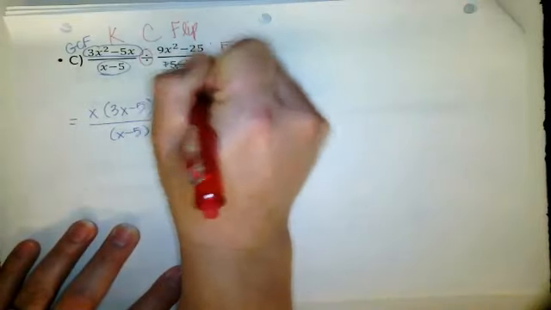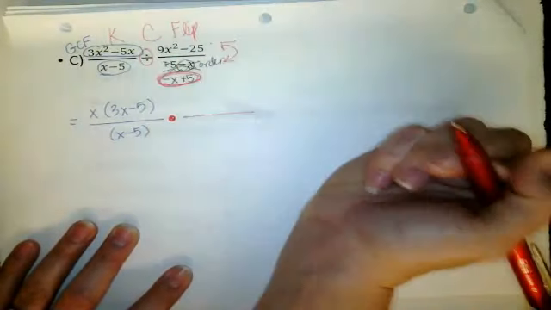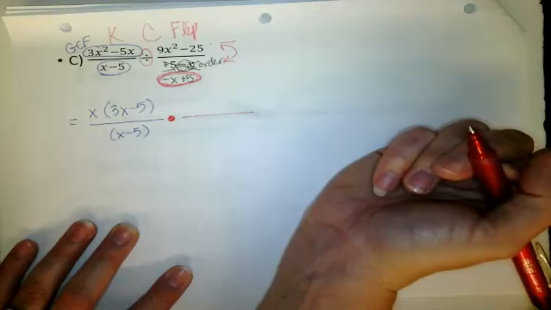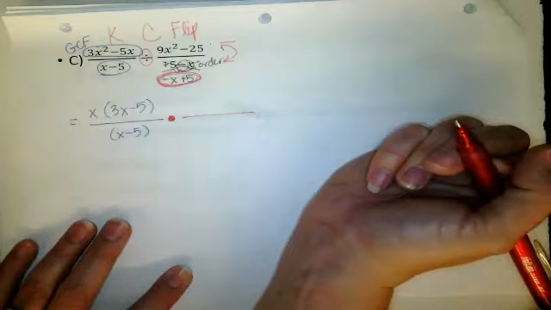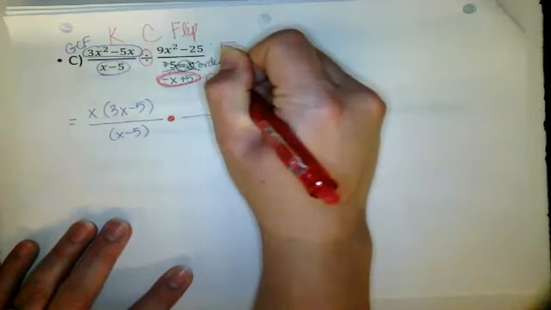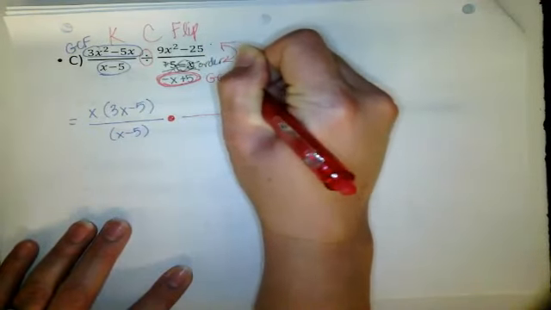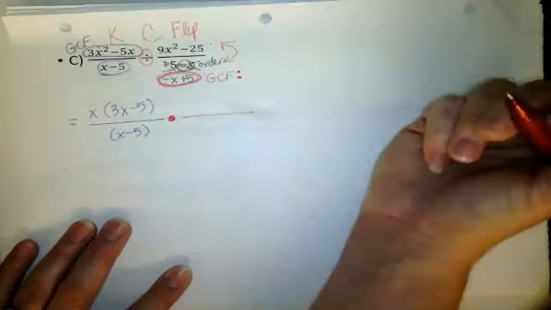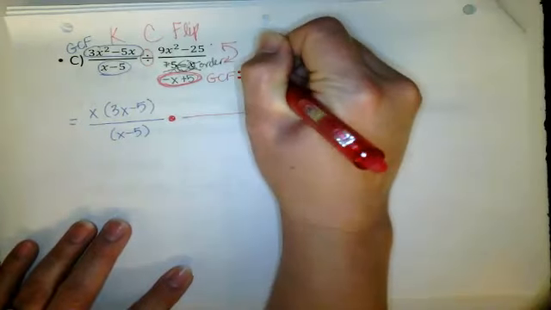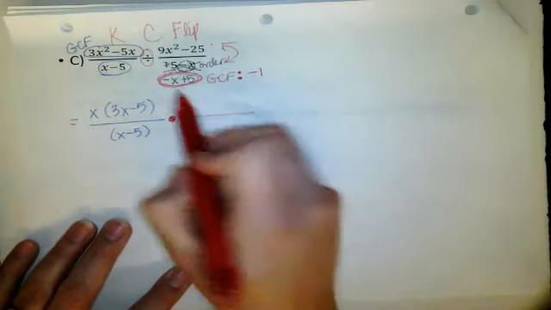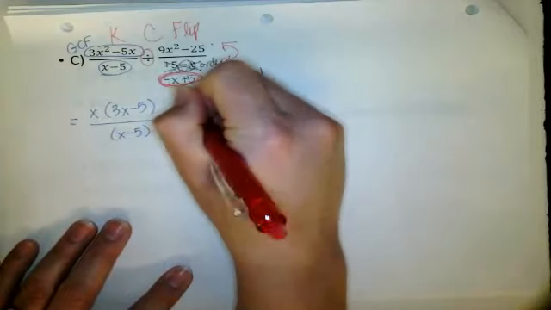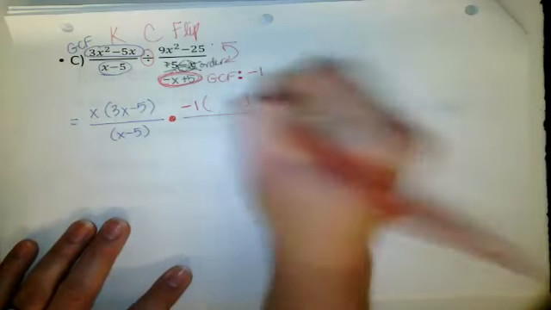What can I do with this negative x plus 5? It has a GCF. What can I take out of it? A negative 1, yes. Anytime I have a leading negative, I want to take that negative 1 out in front.